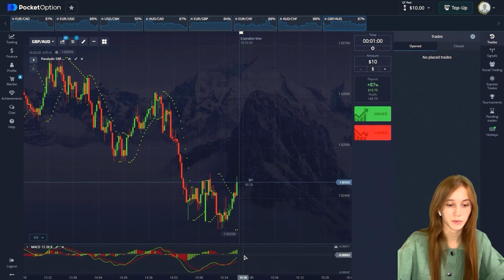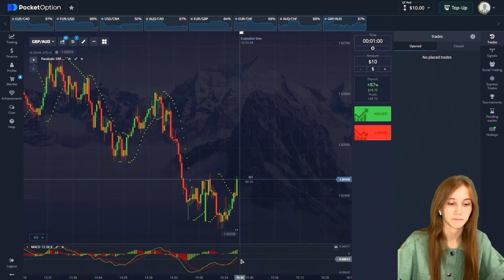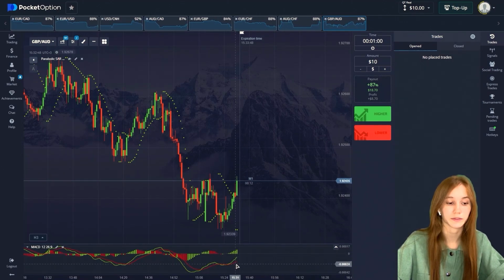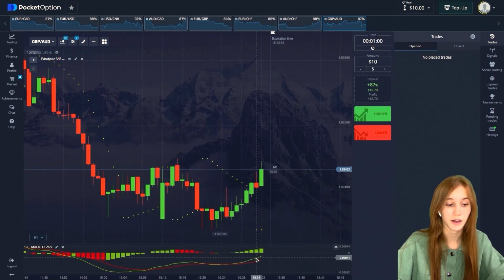MACD, we see parameters before. This indicator allows us to assess the strength of the general trend. Quite simple indicators, you can use them in your trading. Red and green ones, we see lines, it's moving averages.